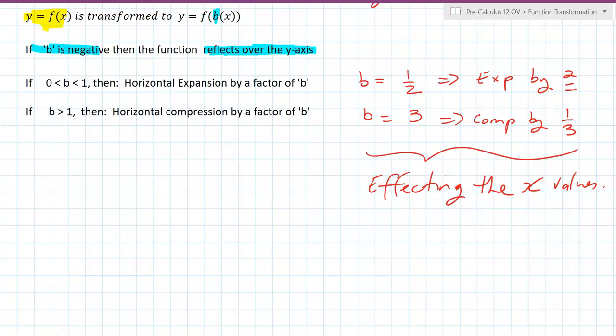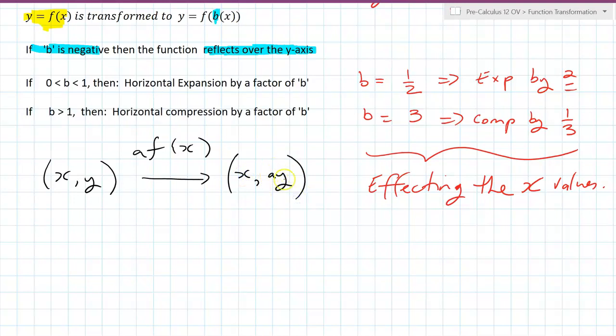So in terms of the coordinate points, if we have a coordinate point x, y, and we want to know what happens when it goes through the transformation of, let's say, a times f of x, well, the new point will end up being x, ay.